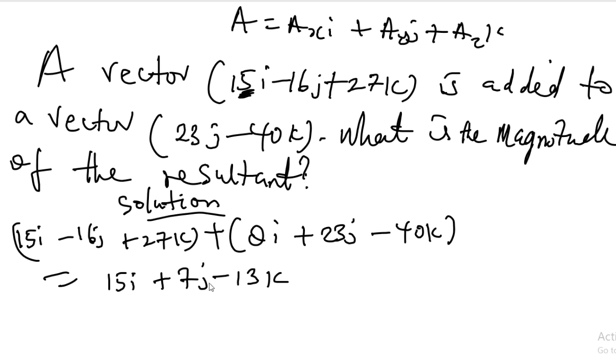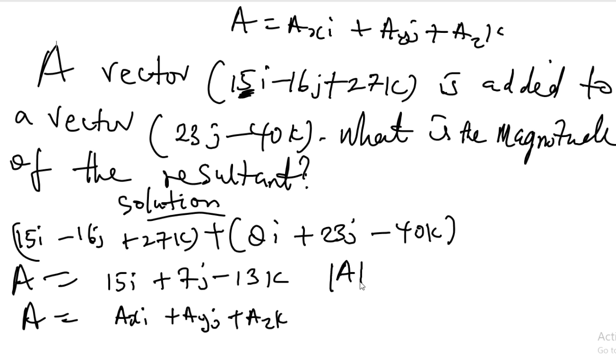How do we find the magnitude? Assuming we label the resultant as A, A equals AXI plus AYJ plus AZK. Of course, the magnitude of a vector is always represented as modulus, so it's always positive. From the formula we got before, modulus of A equals the square root of AX square plus AY square plus AZ square.